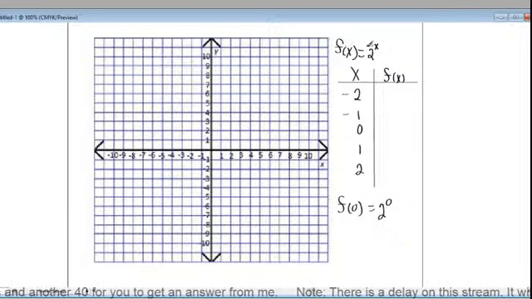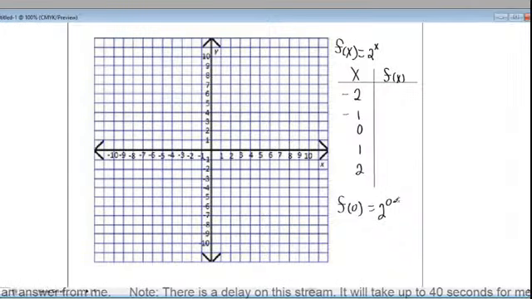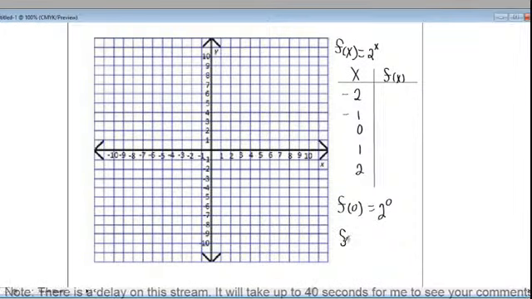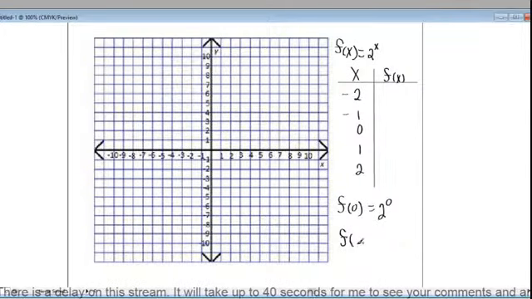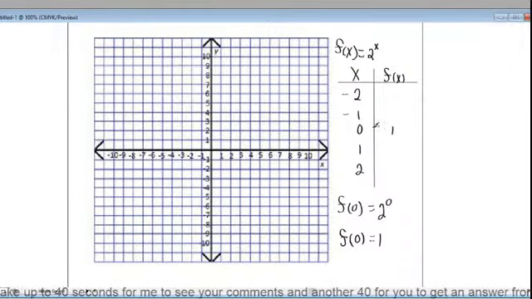So anywhere that we have an x in this original function, we're going to replace it with 0. So 2 to the 0 power, well, anything to the 0 power is 1. So f of 0 is going to give us 1. And we'll record that over here in our f of x. So there's a point right there.